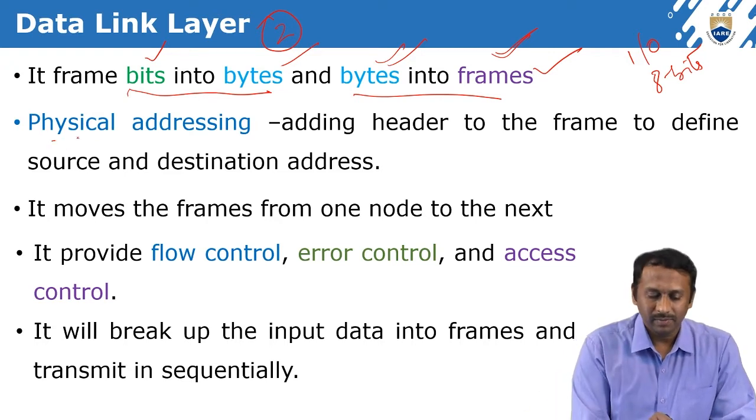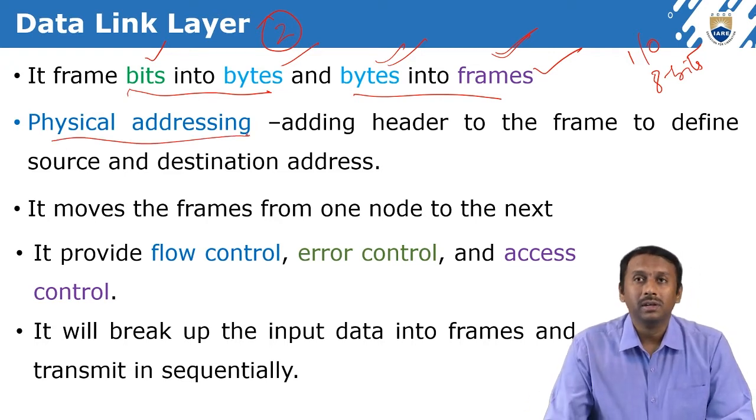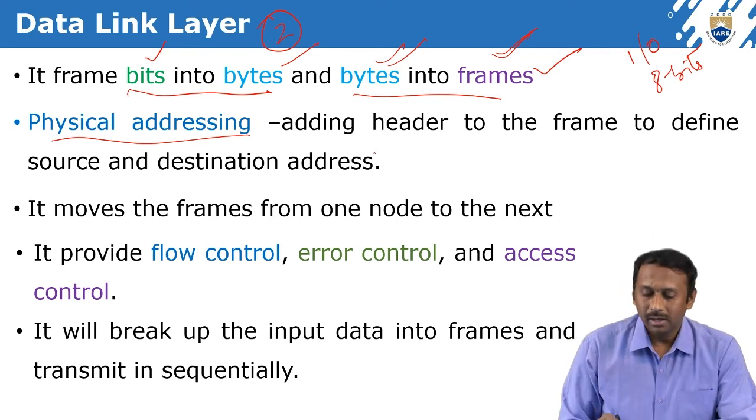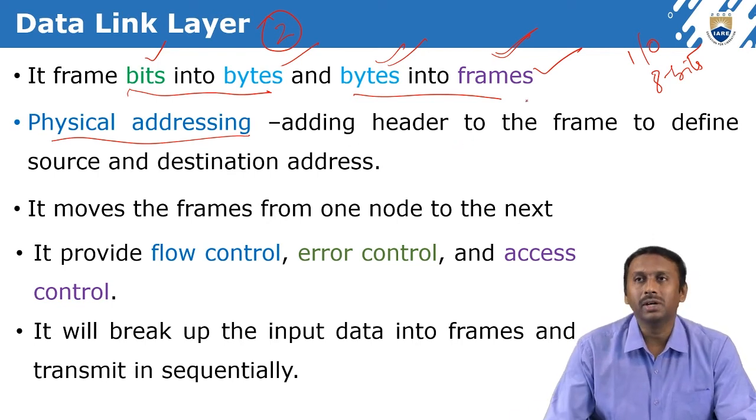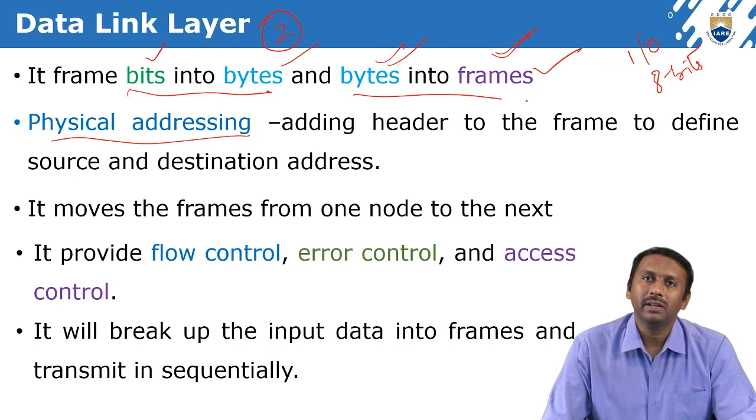Physical addressing. So what is physical addressing? Physical addressing means adding a header to the frame to define the source and destination address.